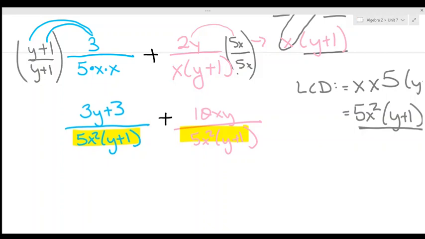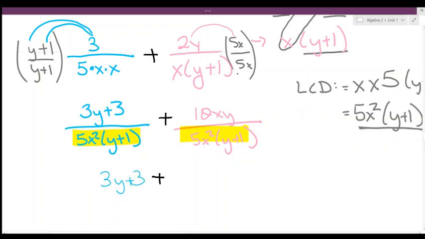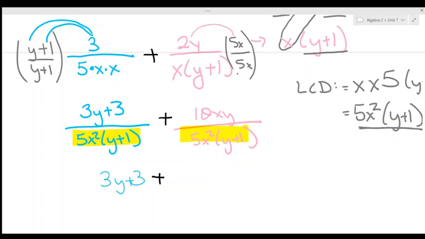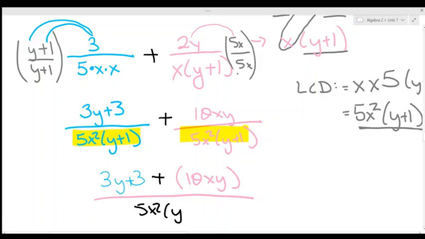All right, so I'm going to keep with it. We have 3y plus 3 plus, and then I'm going to put this in parentheses just so that we can keep that skill because it's going to be very important for when we subtract. Over, and then our LCD, which is 5x squared times y plus 1.